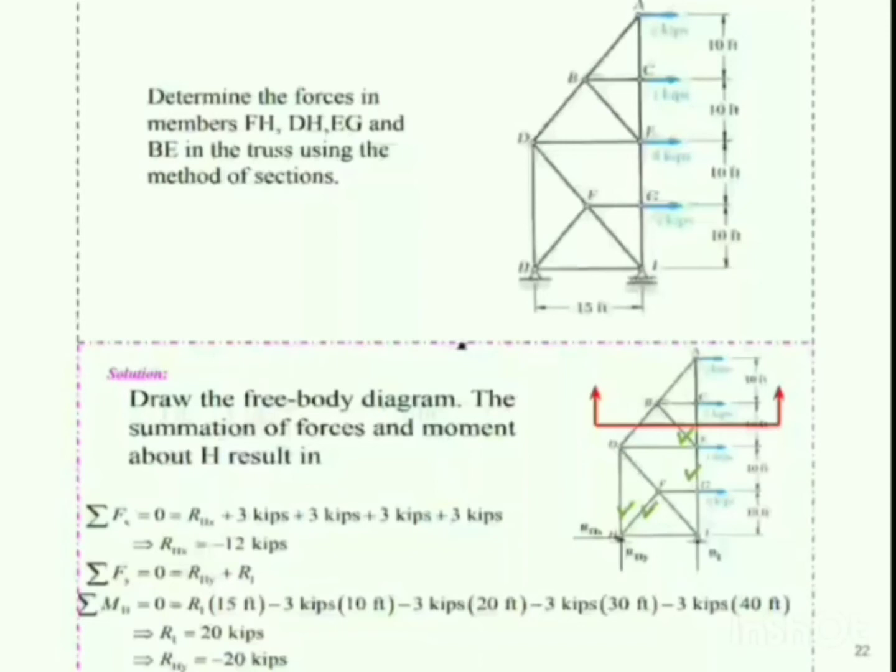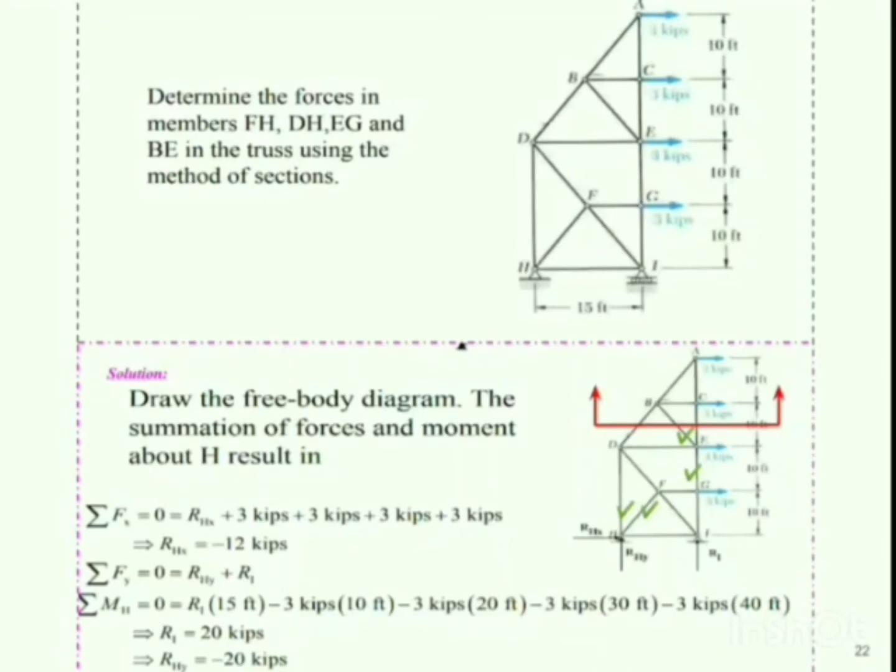Now, one thing, we have drawn a section line over here, represented by a red colored section. You can call this section as section 1-1, section XX, or you can name it accordingly. But note that the members DH and FH, one is inclined, the other is vertical.